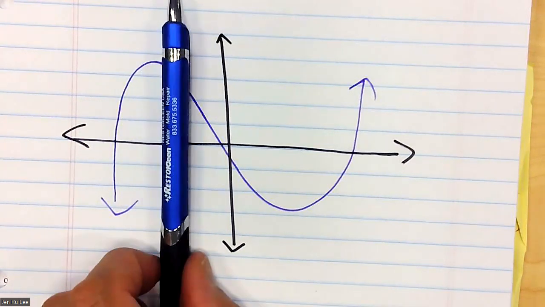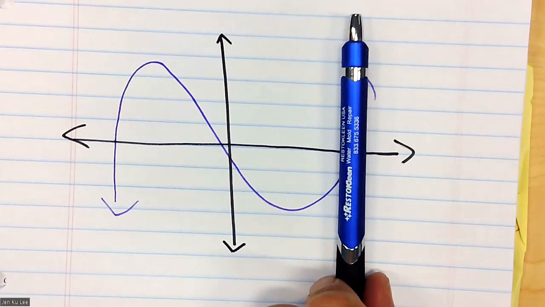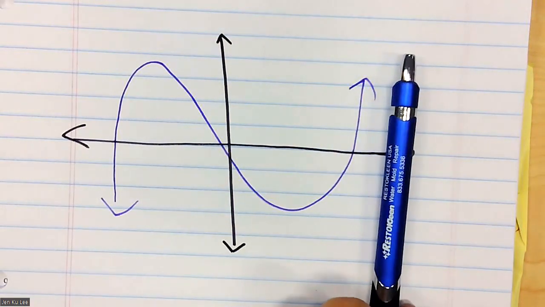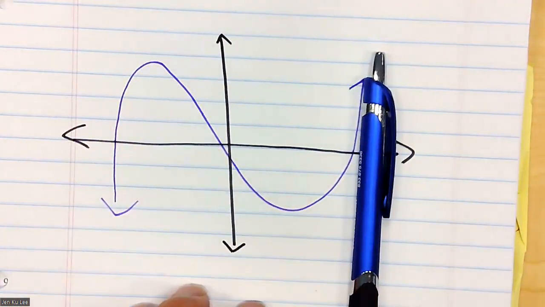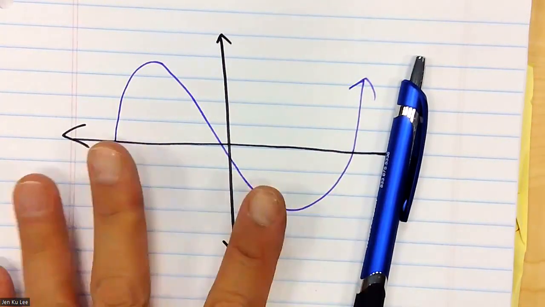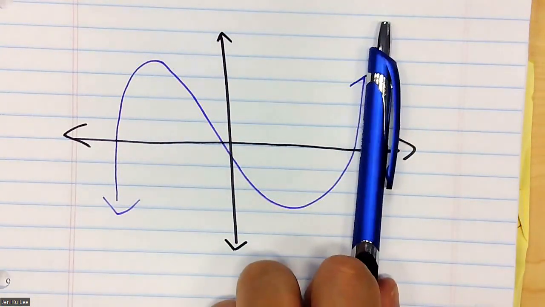what am I doing? What test am I performing here? The vertical line test, right? And that is a test to check whether or not a function is actually a function, graphically speaking. This graph is a function. Why does this work?